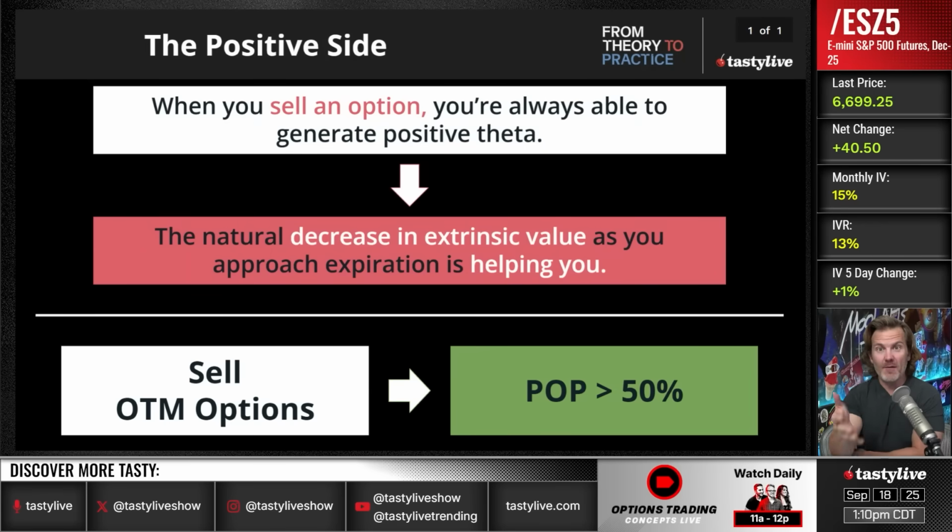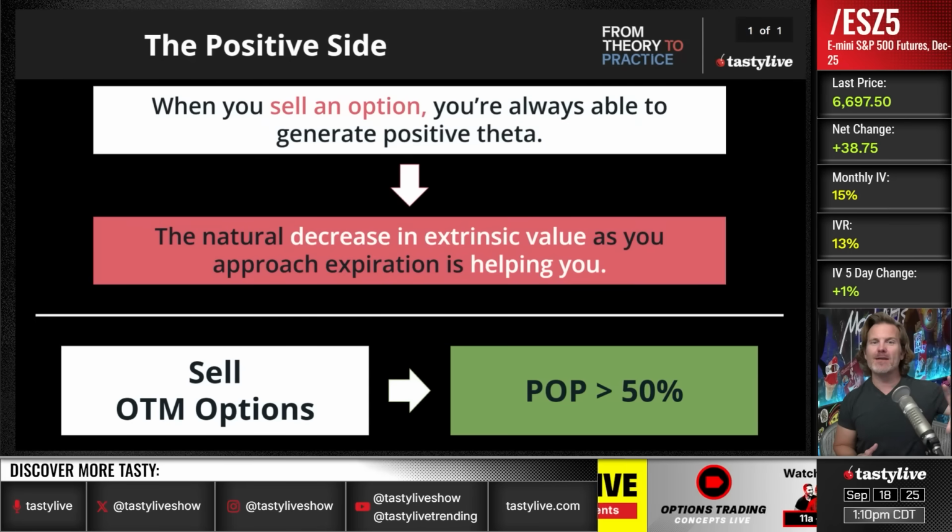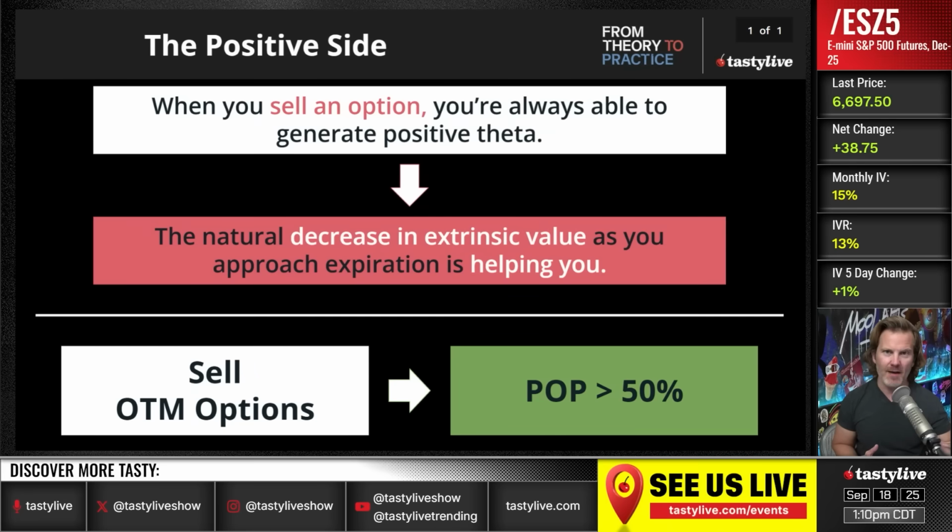And so because of that, when you sell an out of the money option, a call or a put, it doesn't matter, you will always see your probability of profit being greater than 50%. The reason why that's the case is because factored into those probabilities is time working on your side, right?